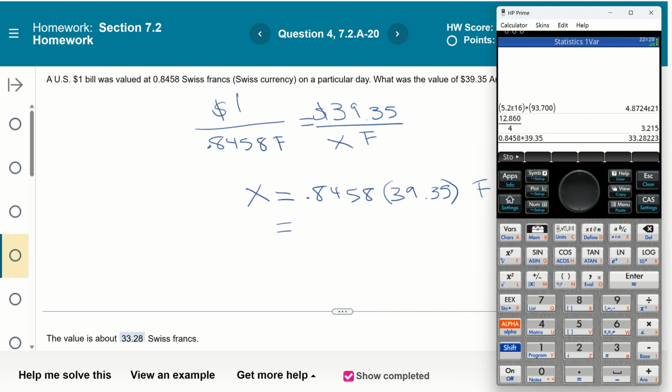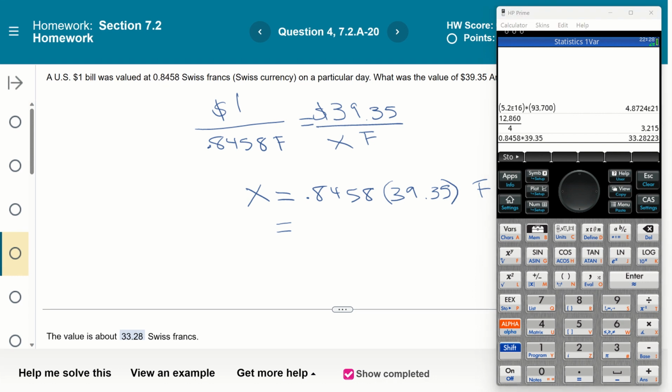So that's approximately, we say either about or approximately 33.28 Swiss francs. Okay? If you're going overseas, it might be handy to know how to do something like that quickly.